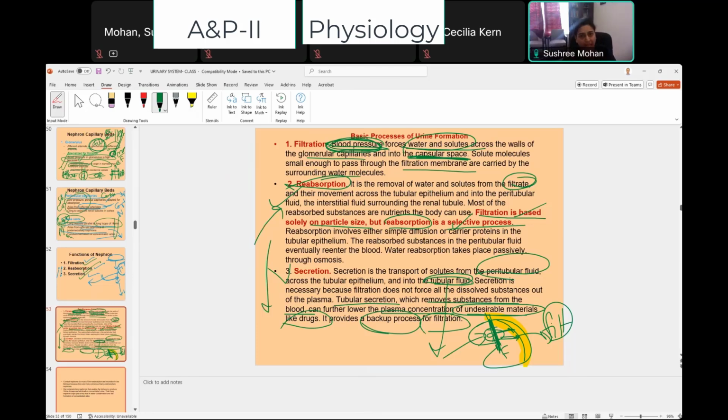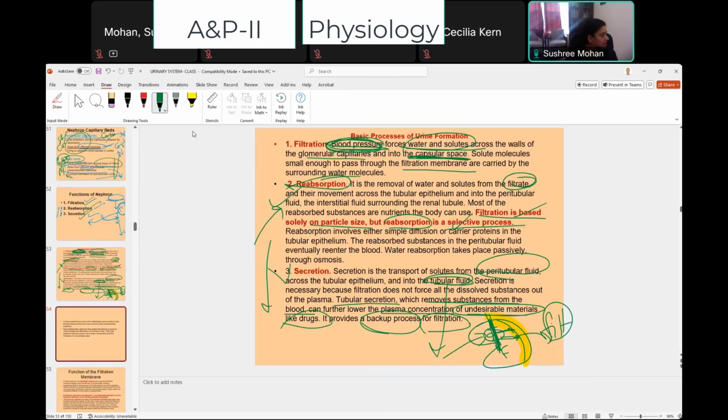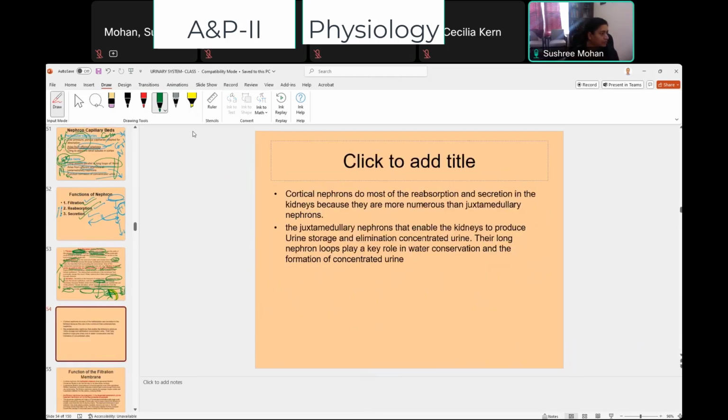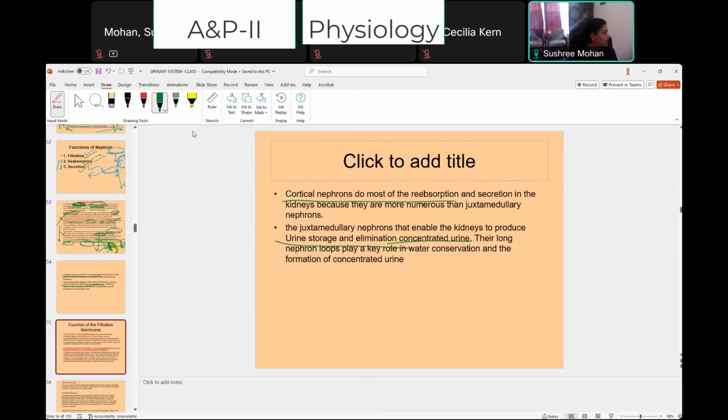These can be added back to make concentrated urine. Cortical nephrons do most of the reabsorption. We know that because they are 85% in number compared to 15% for the juxtamedullary nephrons. And the juxtamedullary nephrons enable the kidneys to produce and eliminate concentrated urine.